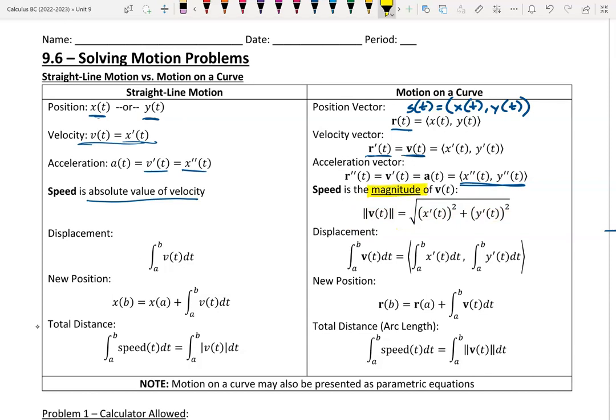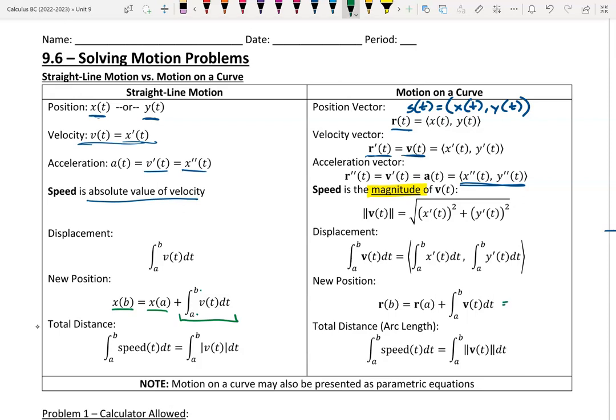For the new position, it's always a to b, so it would be x of b equals x of a plus our displacement. It's the same thing here, just vector r of b equals vector r of a plus the displacement with our velocity vector. So again, pretty much exactly the same. We're just now doing it with our velocity.